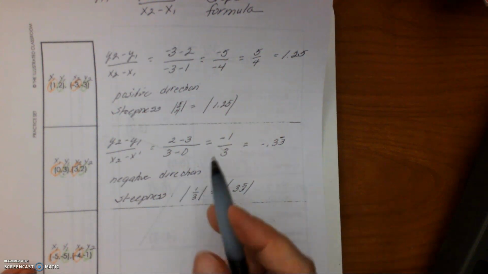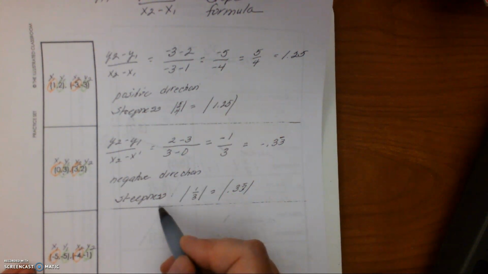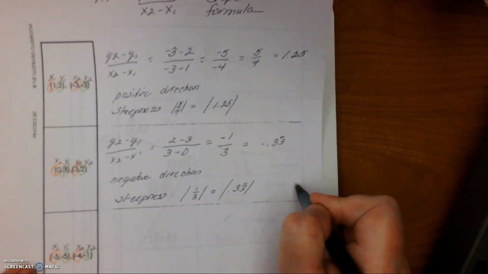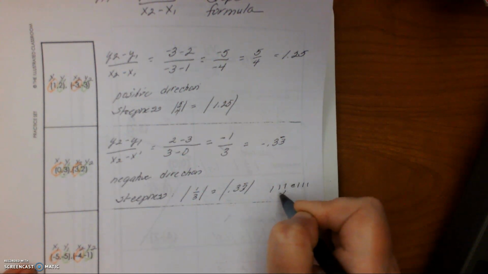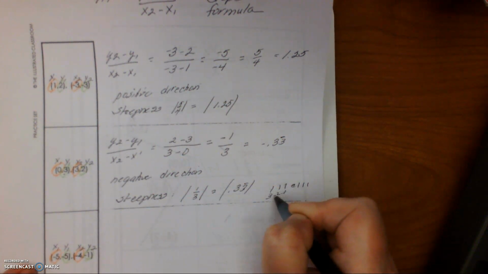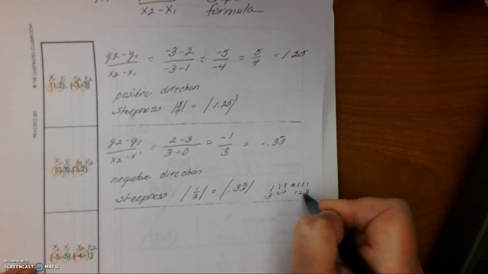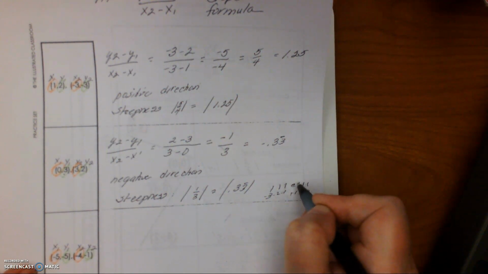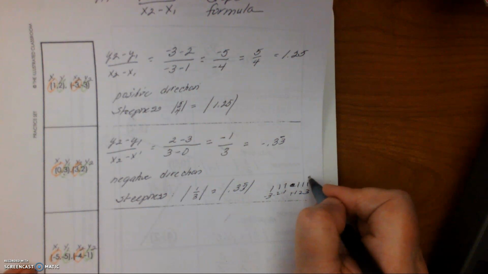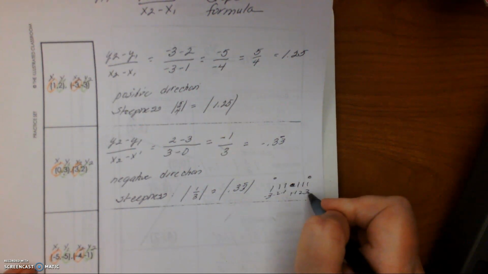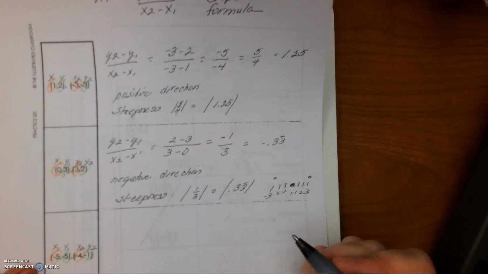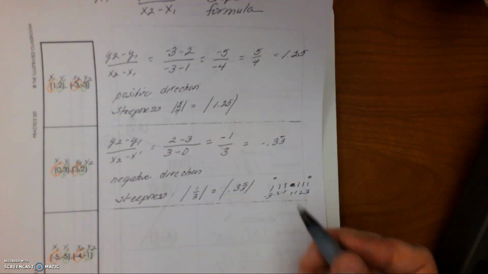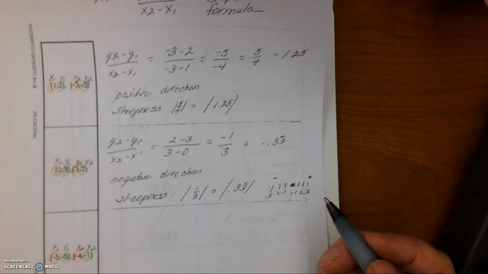Okay, and also when you look at steepness, the absolute value is the actual number away from 0. So if this is 1, 2, 3 negative, and this is 1, 2, 3 positive, and this is 0, if it's here or if it's here, they're both 3 points away from 0. So that's why we're calling it absolute value.